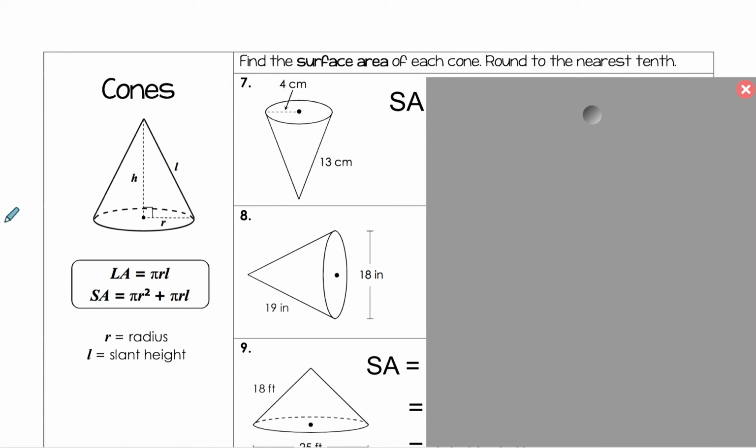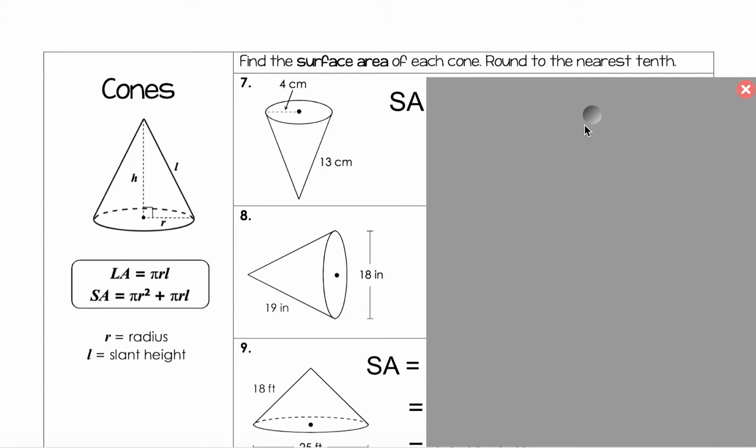We then learned through the long process that to find the lateral area, we are going to be doing pi r l, which means pi times the radius times the slant height.